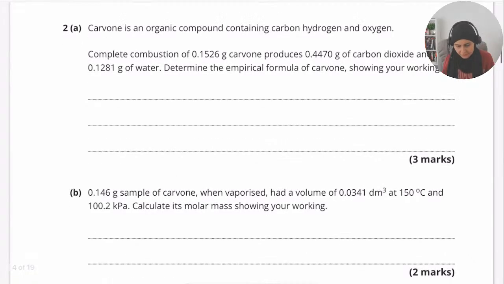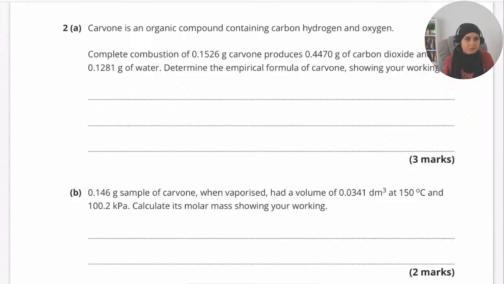Next question. Carvone is an organic compound containing carbon, hydrogen, and oxygen. Complete combustion of 0.1526 grams of carvone produces 0.447 grams of carbon dioxide and 0.1281 grams of water. Determine the empirical formula showing your working.